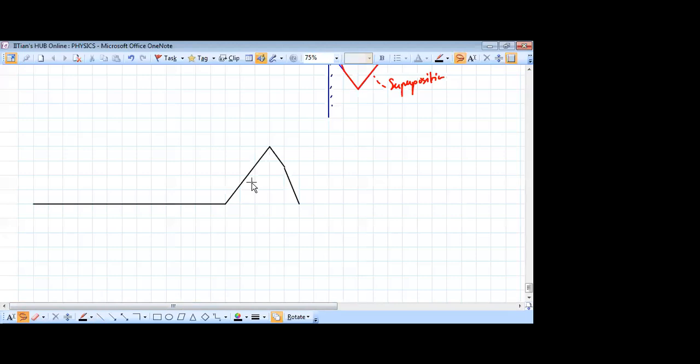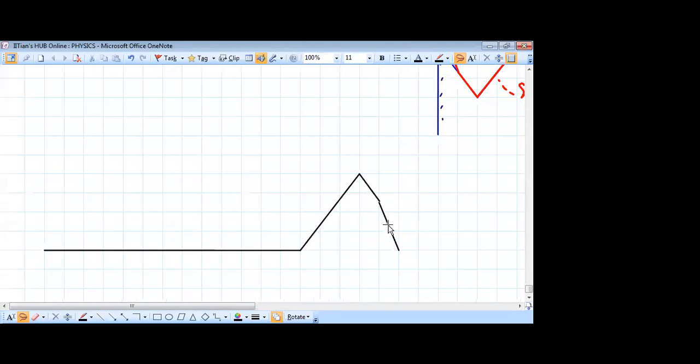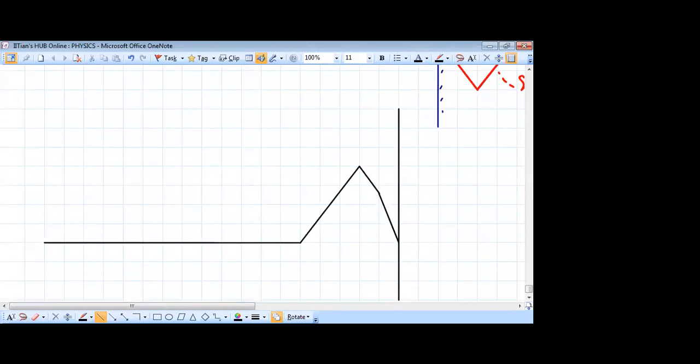If you want to draw an exact figure, it will be something like this. So this is the boundary point, and this is how this is looking at 2.1 seconds.